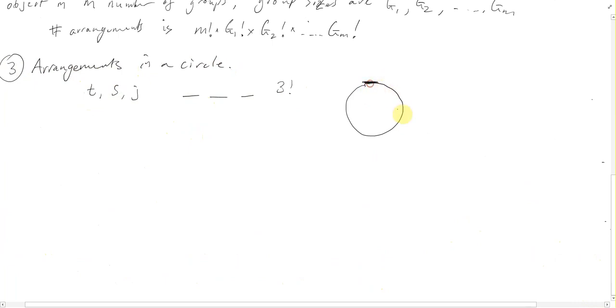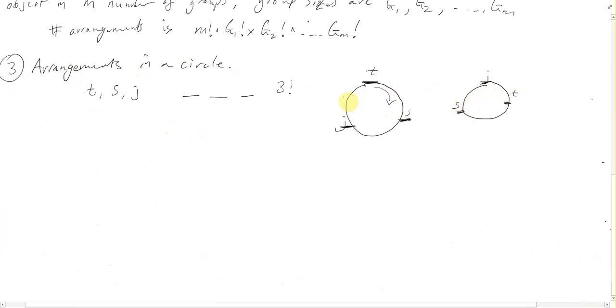we have someone there, someone here, and someone here. So let's suppose that we put Tim here, and Sam here, and Josh there. That is actually no different to if we rotate this circle around and have Josh here, and Tim there, and Sam there. It's exactly the same, it's just that the whole thing has been shifted in a circular way, but it's the same arrangement.